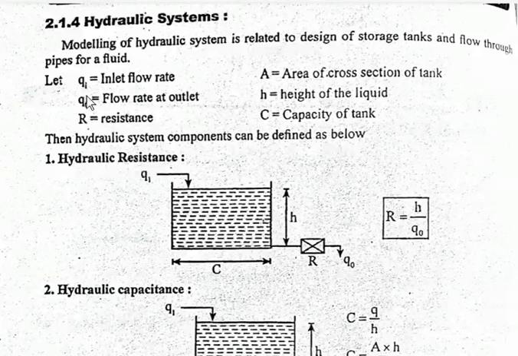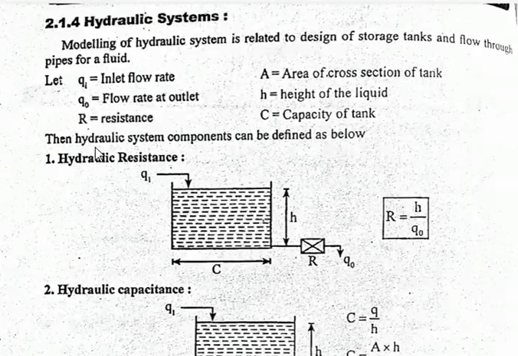So these are the abbreviations used in the design of storage tank and flow through the pipes. For modeling of hydraulic system, we consider the design of storage tank and flow through the pipes for a fluid.